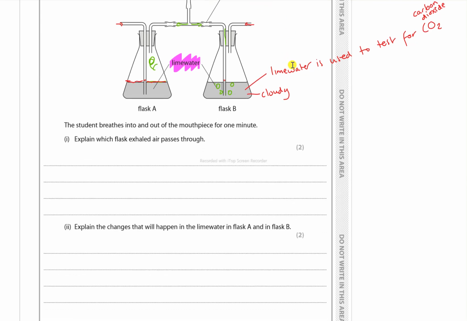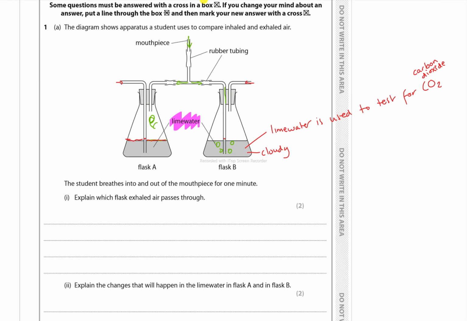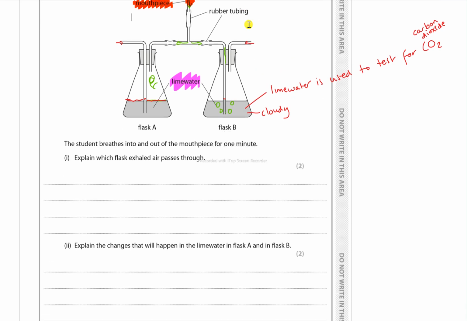The student breathes into and out of the mouthpiece for 1 minute. So this here is the mouthpiece. Explain which flask the exhaled air goes through. Exhaled means the one that you breathe out.